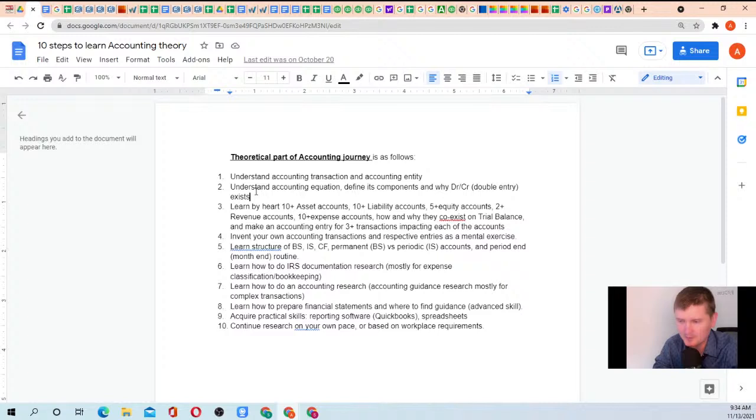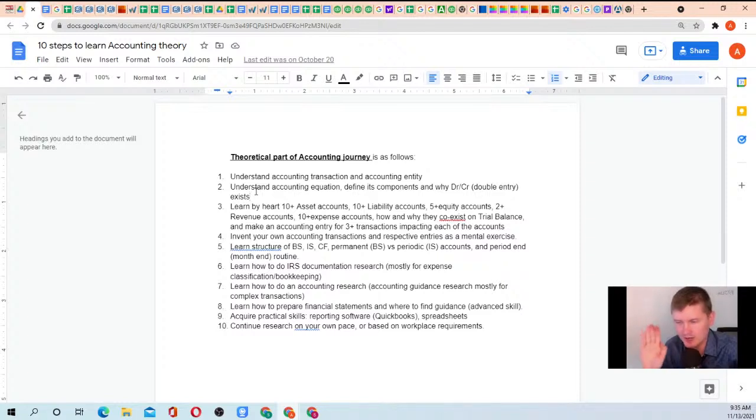Revenue is similar to liabilities and equity, and expense is similar to assets. So expense increases by debit and revenue increases by credit. The other explanation for the accounting equation is that assets are what you own, and your liabilities and equity are the source to finance your assets.